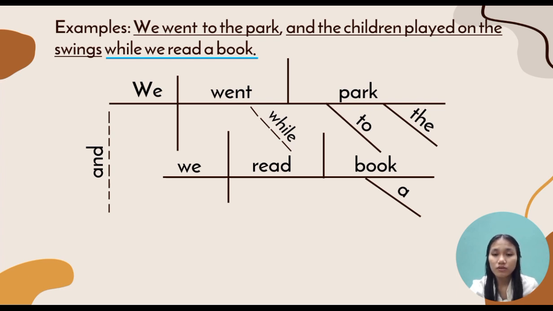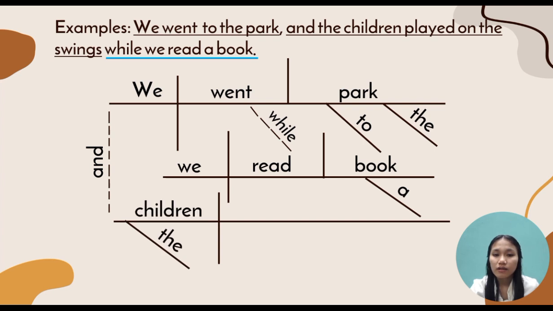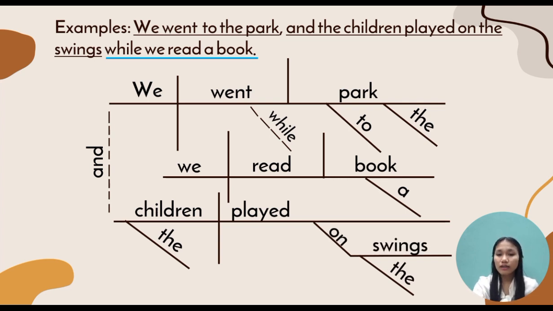The children played on the swings is our other independent clause. That is why it should be written below our dependent clause. The children is our subject, played is our verb, and on the swings, on is again our preposition. That is why we make use of these line symbols to represent the words that are modifying our verb played.